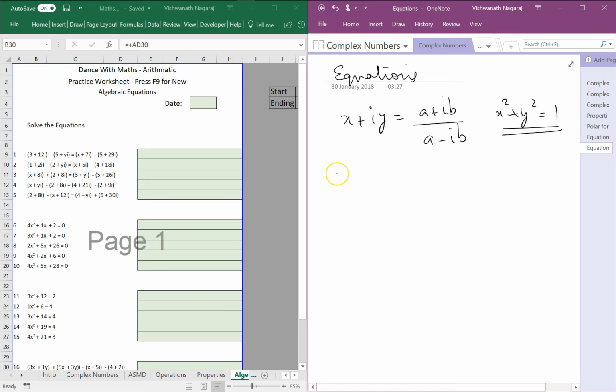Okay. Now, as usual, let's take the right hand side, (a plus ib) by (a minus ib), and multiply by conjugate by conjugate.